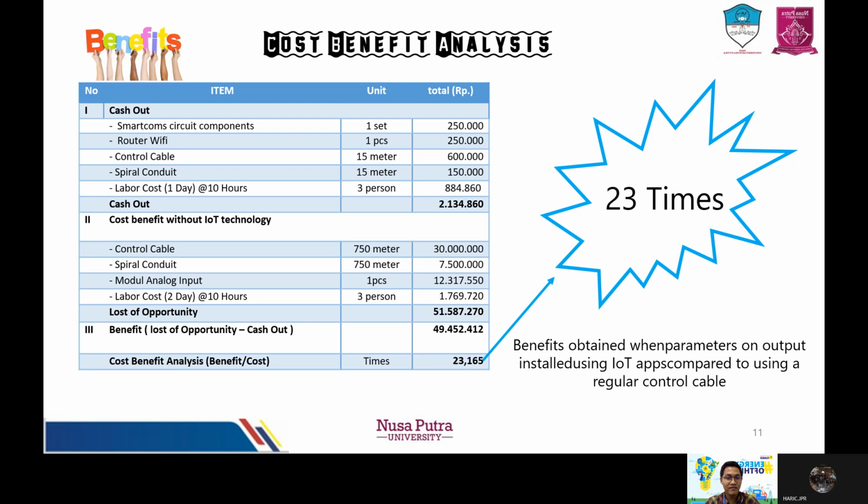So we can save about 48 million if the parameters on the outfall are installed using this IoT technology.